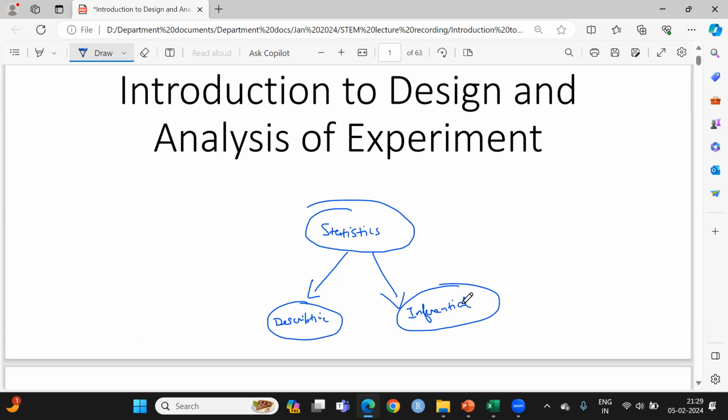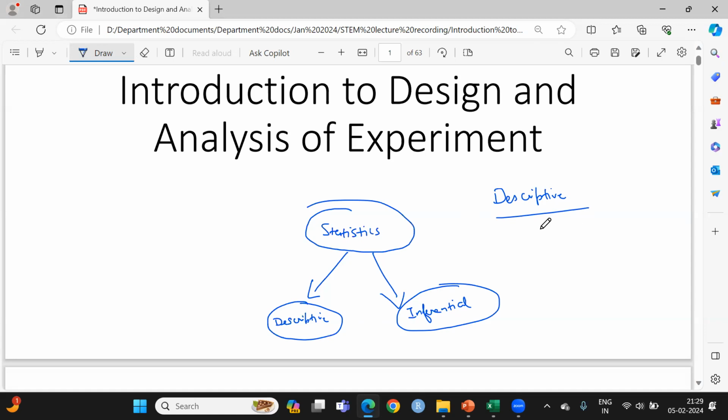If you're familiar with the term descriptive, then it is very good because today's session will not discuss descriptive statistics, but for those who are not very much aware about the term descriptive, I want to spend some time to explain this topic. Descriptive means, so we know that we can only extract information from the dataset that we have with us.